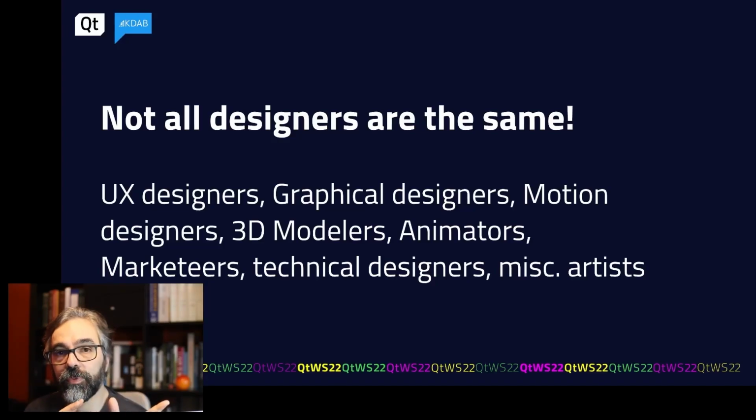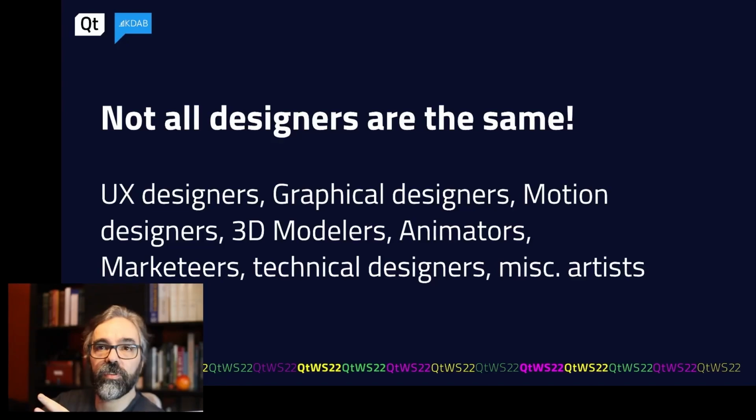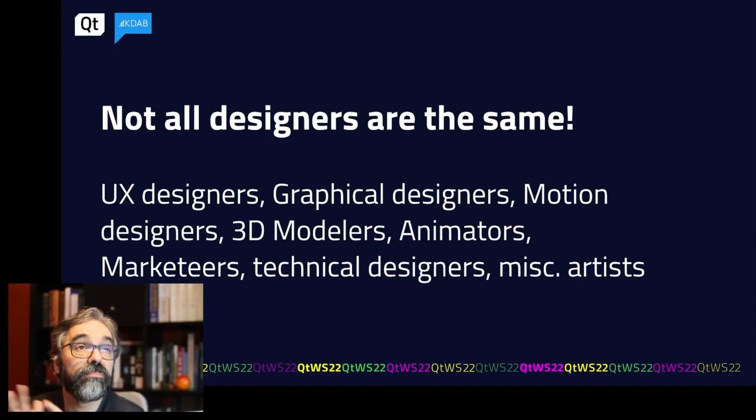So the 2D person won't have a lot of experience in 3D, so chances are high that they will ask the 3D designer to do a few captures, some static captures of the 3D scene, so they can bundle them into their 2D mockup.